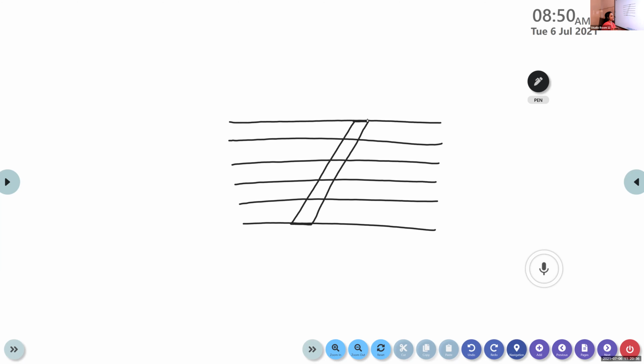Here the rectangular loop is placed such that it undergoes a rotation.